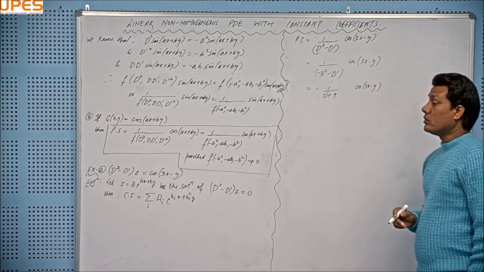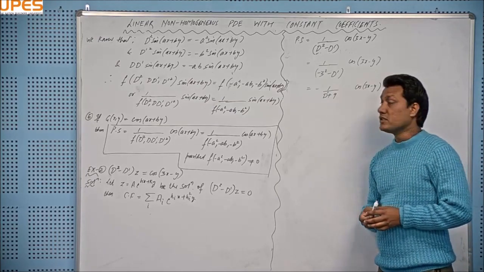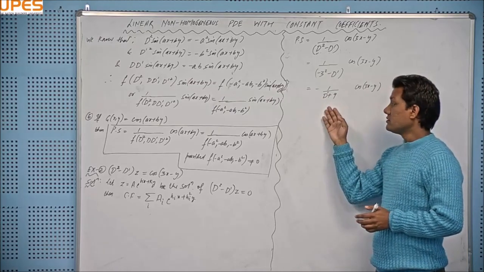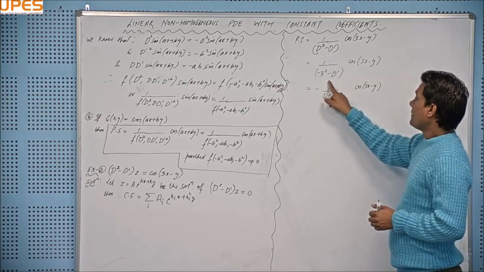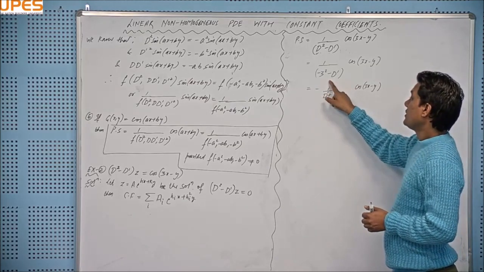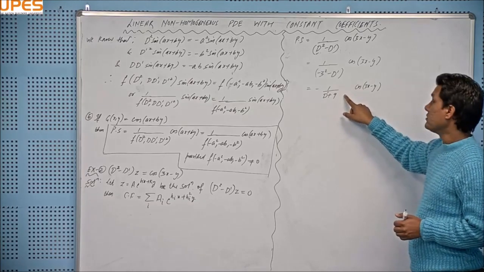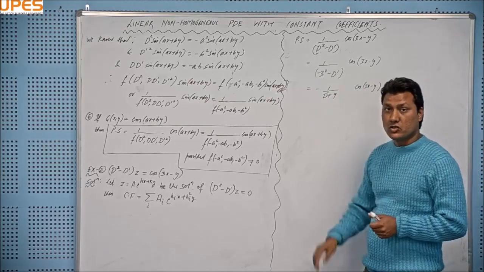Now what will I do? I don't have a D dash square or D square term here. I have only D dash, and that cannot be replaced by a or b. I have to multiply by D dash minus 9 in the numerator and denominator, in order to get a D dash square term in the denominator.